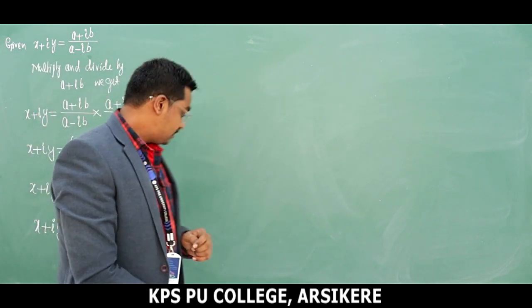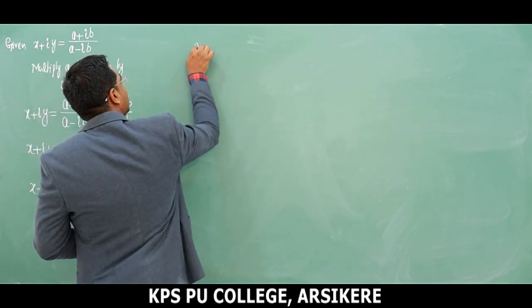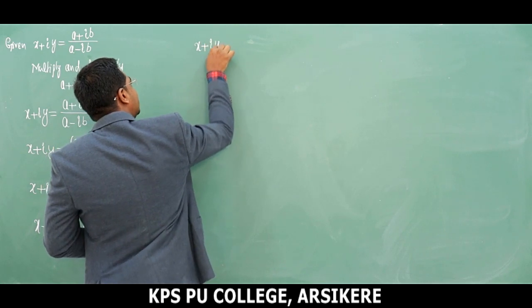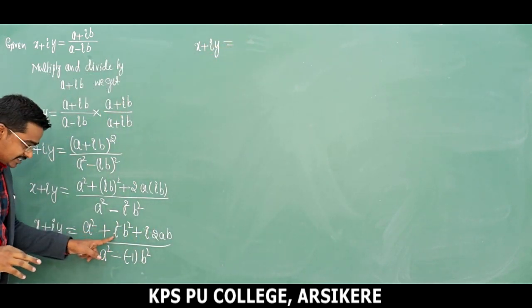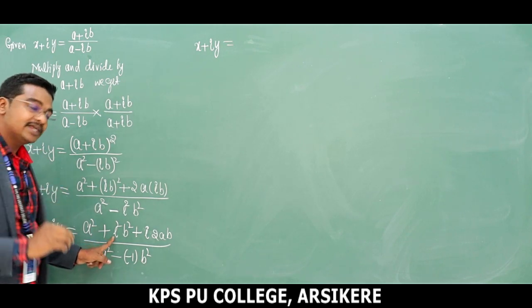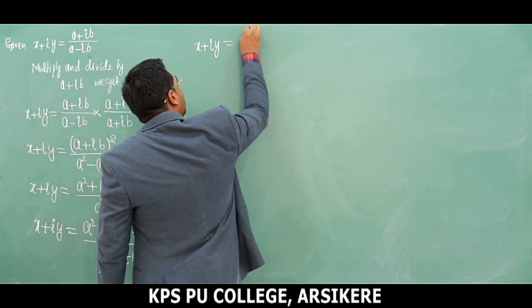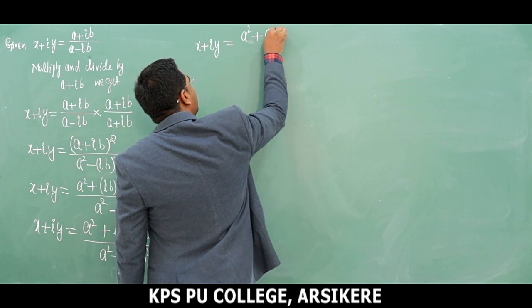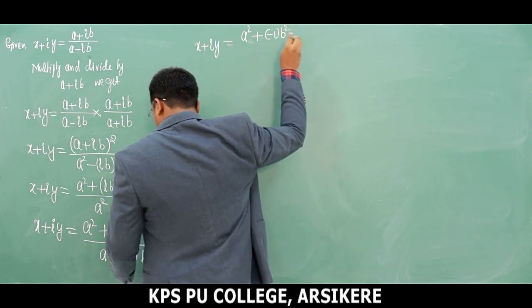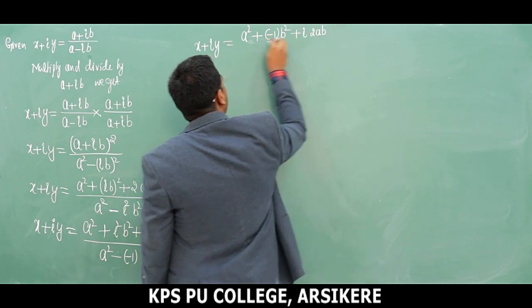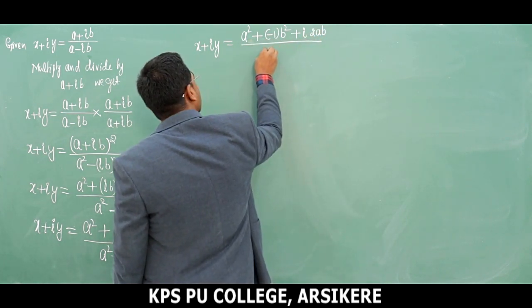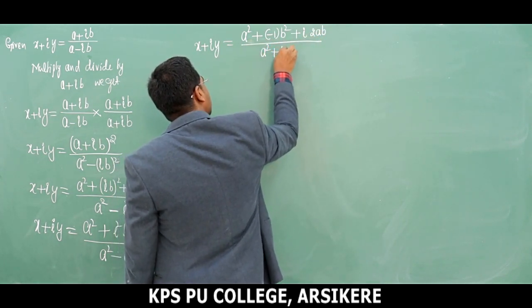Clear? Now next step is x plus iy, right as it is, is equal to a square, where i square value is replaced by minus 1: a square plus minus 1 into b square plus i times of 2ab whole divided by a square plus b square.